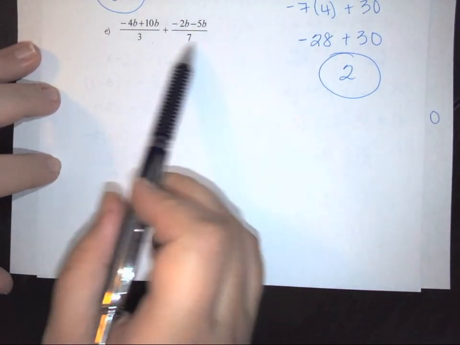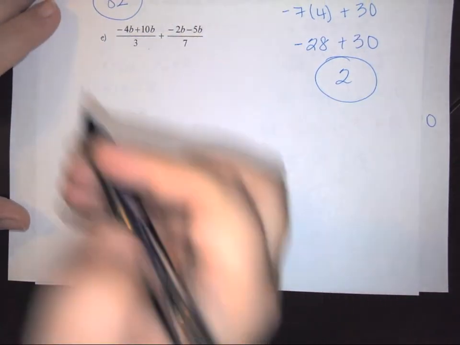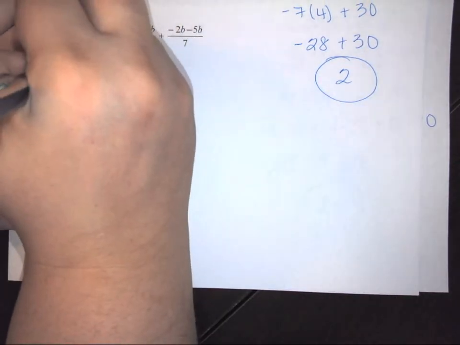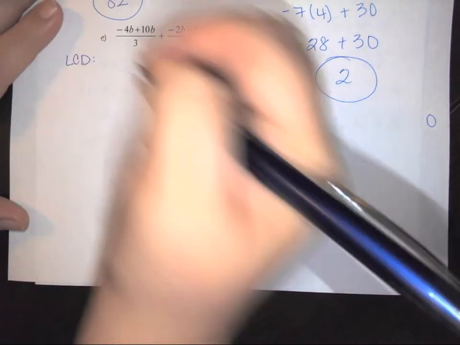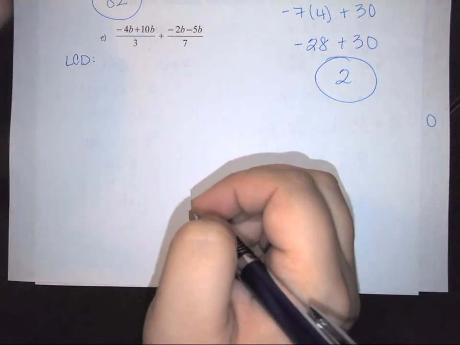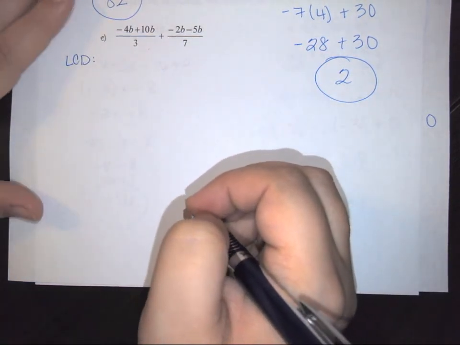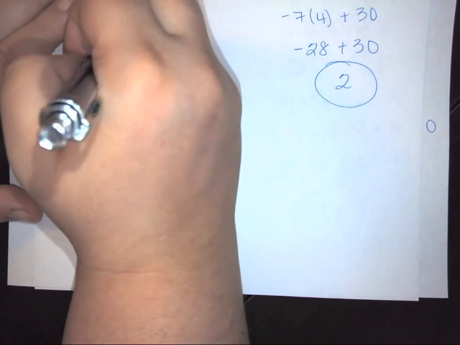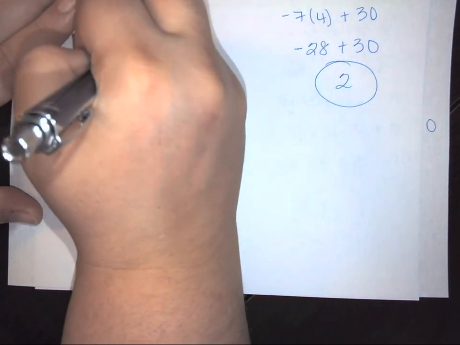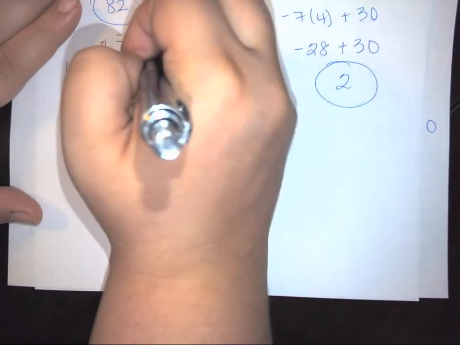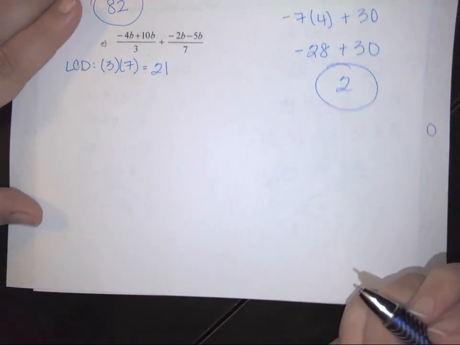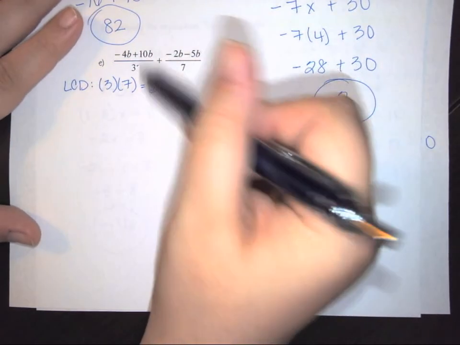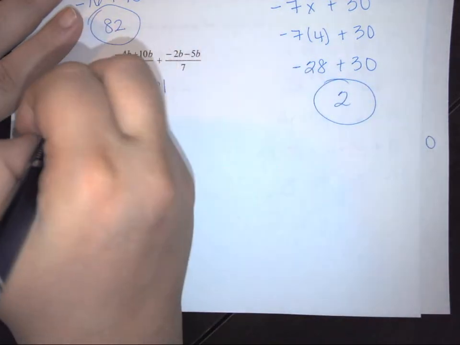Now the last thing I have is this fraction here, and so remember we need to have a common denominator or the lowest common denominator. And the easy way to get there is to take your two denominators, so 3 and 7, and multiply them together, which gives you 21. Therefore, how do I turn 3 into 21? Well, I multiply by 7.